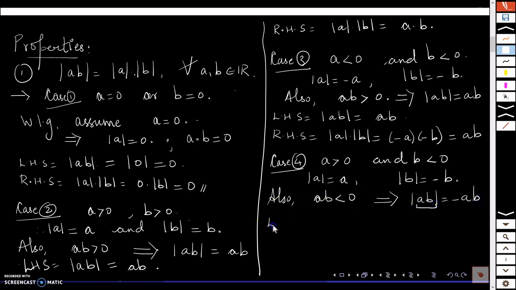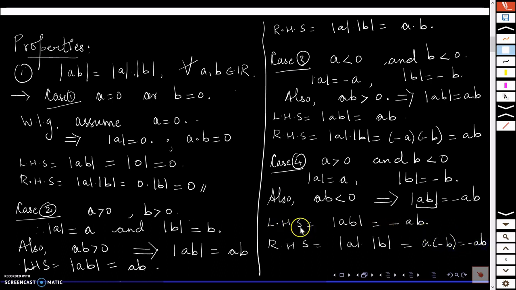Now again if I look at the left hand side, that is mod AB, from here it is nothing but minus AB, and the right hand side is mod A into mod B. That mod A is A and mod B is minus B, so this is A into minus B, which is minus AB.